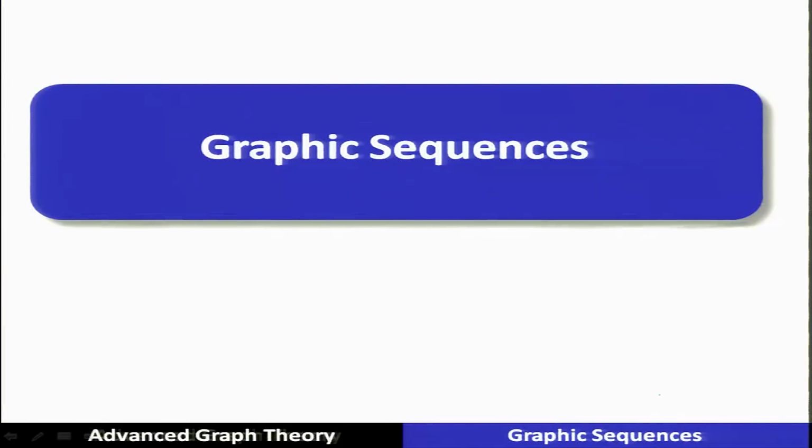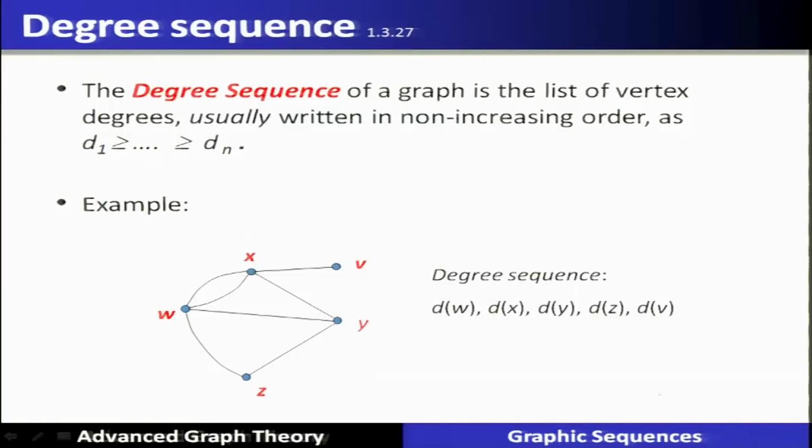Graphic sequences. A degree sequence of a graph is the list of vertex degrees, usually written in non-increasing order as d1 greater than or equal to d2, greater than or equal to d3, and so on up to dn.